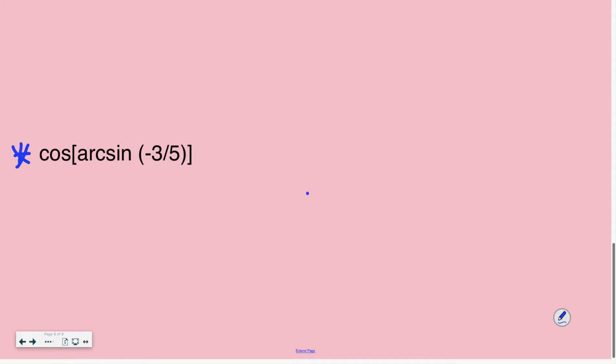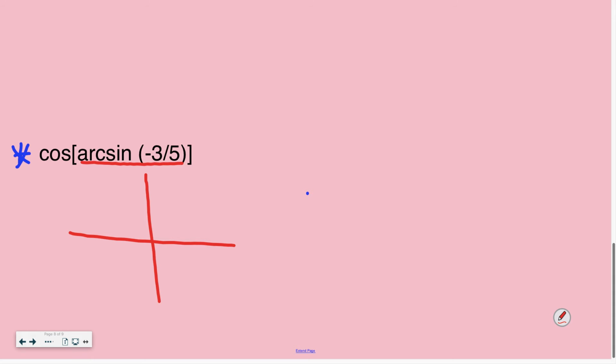Negative 3/5 a unit circle ratio? No. What do we do? What did we do yesterday when we didn't have unit circle values? So reference triangle. We used a reference triangle. So let's focus on this right here. Our output for arc sine of negative 3/5 is going to be an angle. Where would that angle be? Say it louder.